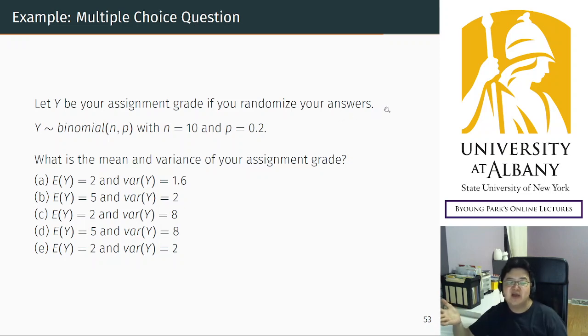Suppose that you randomize all your answers in homework 1 and y is the realization of the grade. There are 10 questions, and for each question the probability of a correct answer is 1 out of 5 choices. Only 1 out of 5 is correct, so 20%.